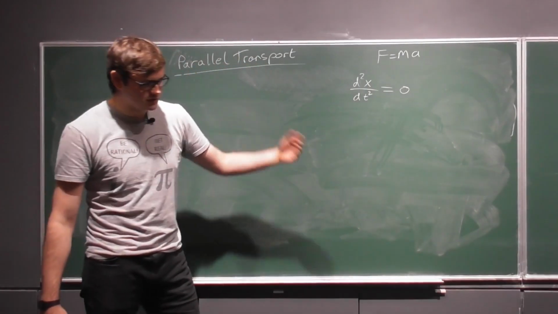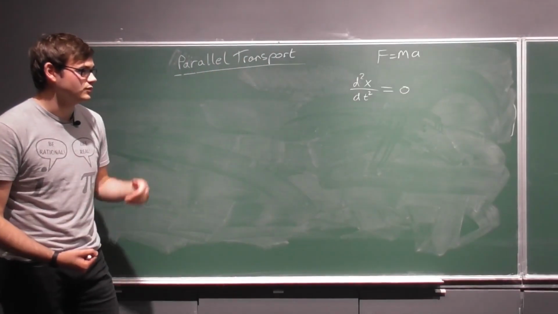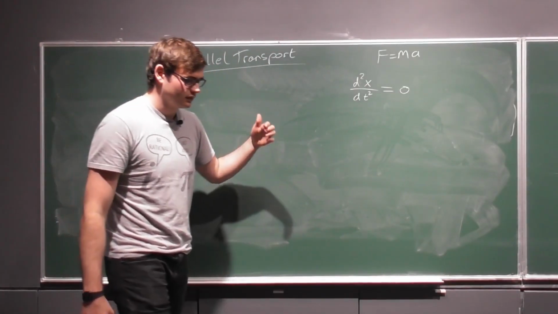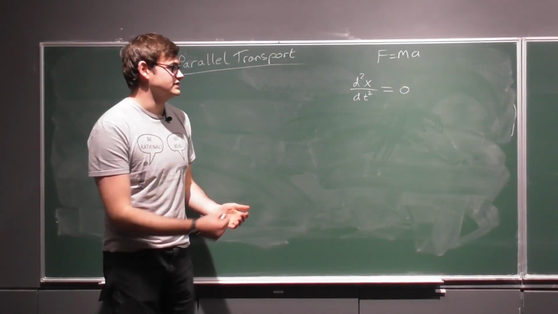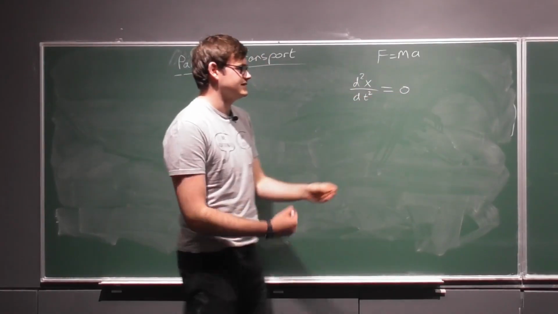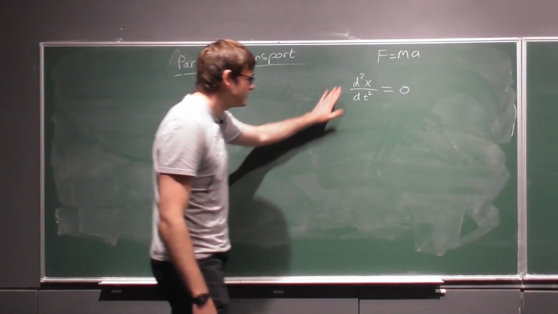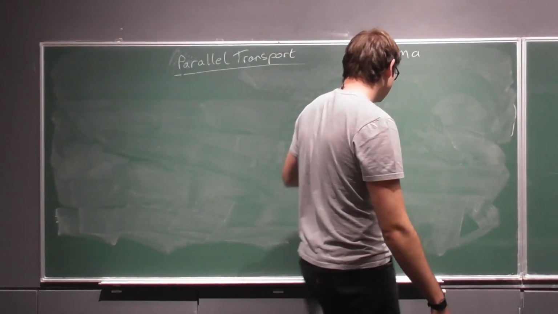If we're on Earth and the Earth is going around the sun, that's not a straight line at all. But we want to write things in a way such that gravity is not a force. It is built into the acceleration on the left-hand side of this equation, rather than being a force. So we need to think about how we're going to do this.